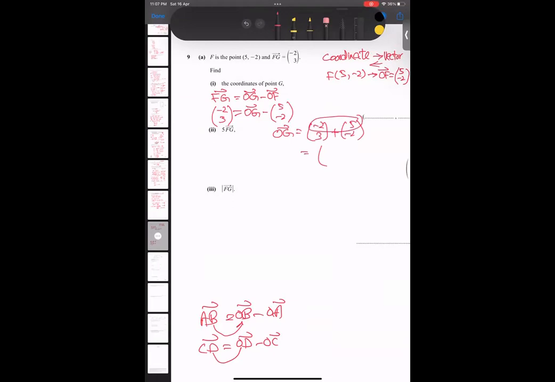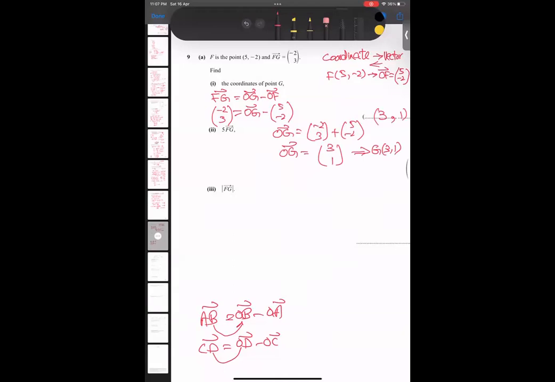If you add them, -2 plus 5 gives 3, and 3 plus -2 gives 1. This is called vector form, but whenever I remove the O and it becomes only G, then G is 3, 1. So the answer is 3, 1.